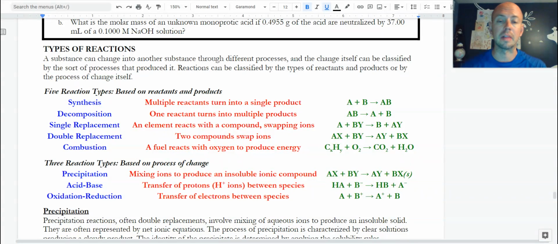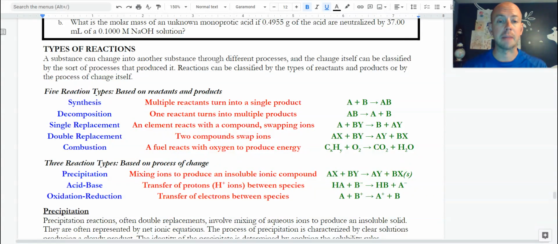A single replacement, or sometimes single displacement reaction, we've got an element by itself, and if it's more reactive than the element in the compound, it would kick that out. So certain metals react with acids, whereas others don't. Certain metals dissolve in solutions of other metals, whereas others don't. They swap ions out.